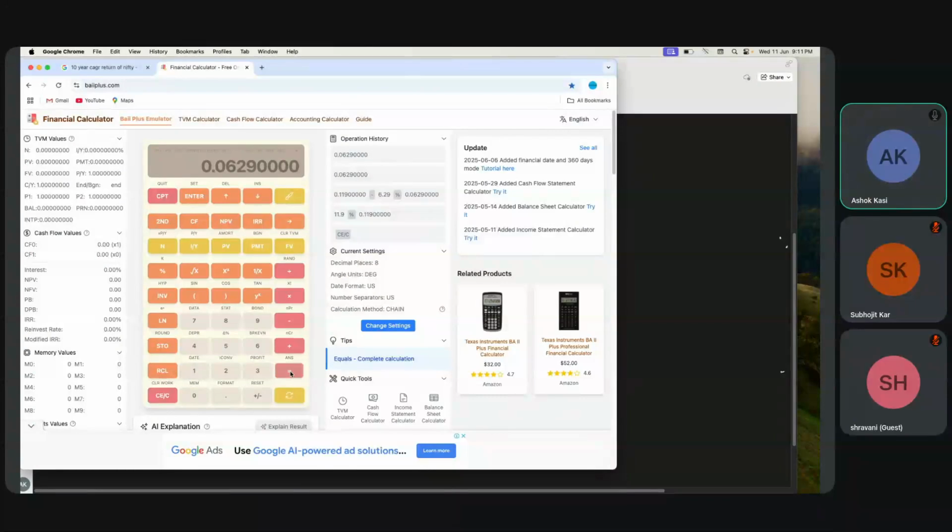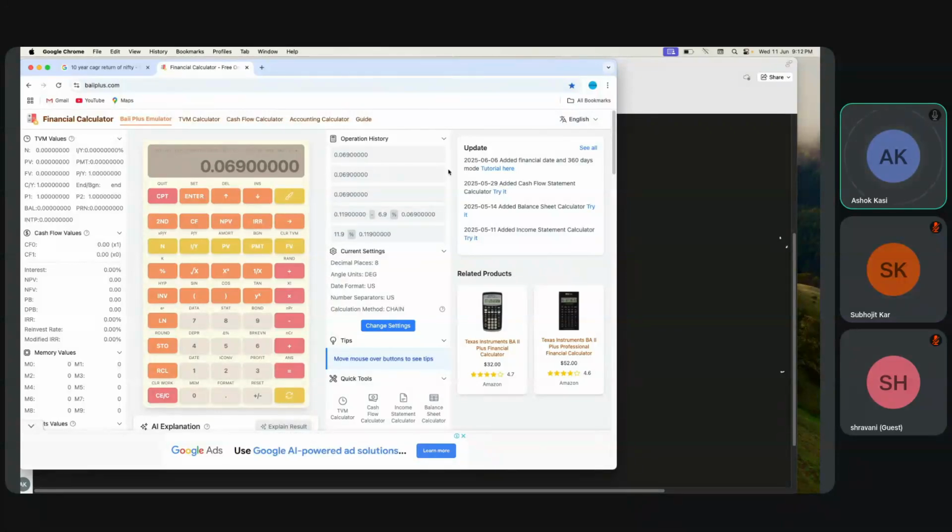What happened? I don't know why I'm not able to get the answer here, I don't get anything.